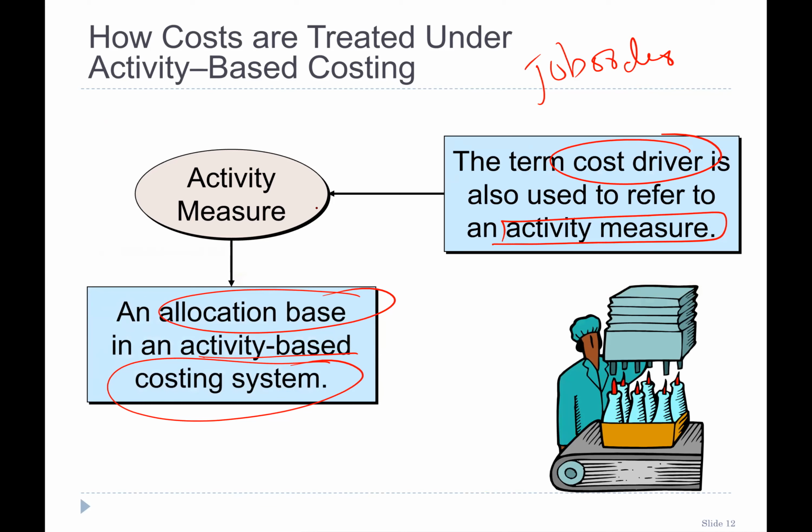This is the same stuff, but since we are using ABC, we redefine the cost driver or allocation base as the activity measure. It's simply the name of that denominator under different methods. Under job order costing, we call the denominator a cost driver or allocation base. Under ABC, we call the denominator an activity measure.